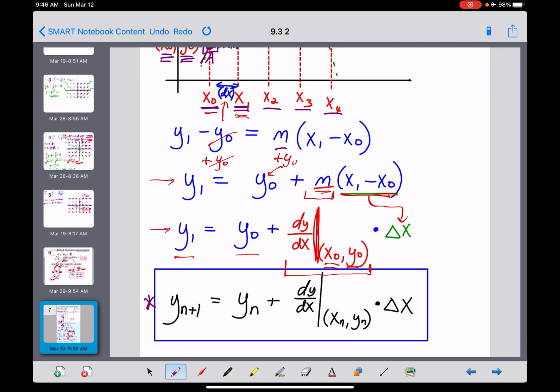And to translate this into words, you can find your next y value by starting with your previous y value and then evaluating your differential equation at the previous ordered pair, and then multiplying the value of that derivative, which is the slope of your tangent, times delta x to get your next y value.